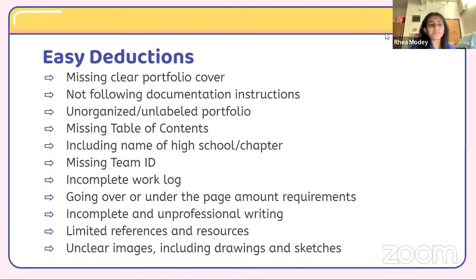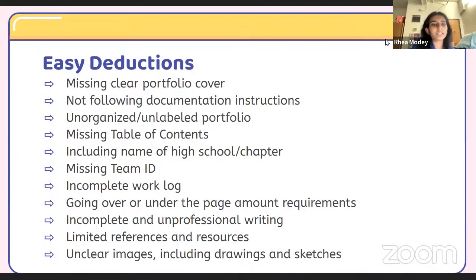There have been some submissions that have gotten some easy deductions, and one of them is the missing clear portfolio cover. You need to make sure to have these covers in order for the submissions to be judged in the portfolio. And then some other small things, like not following the correct documentation instructions.